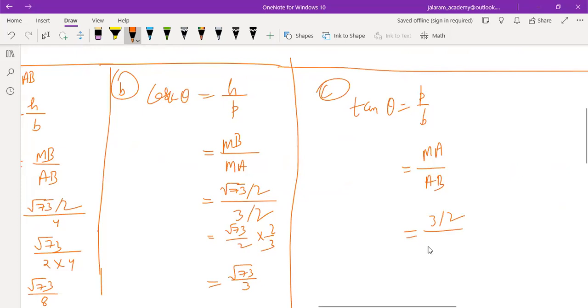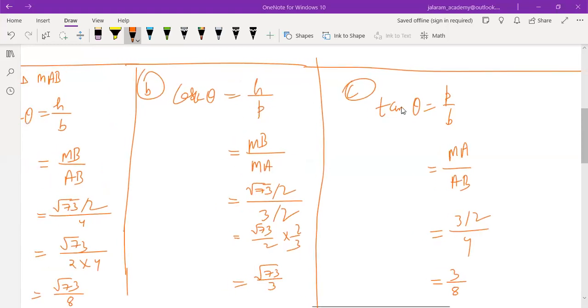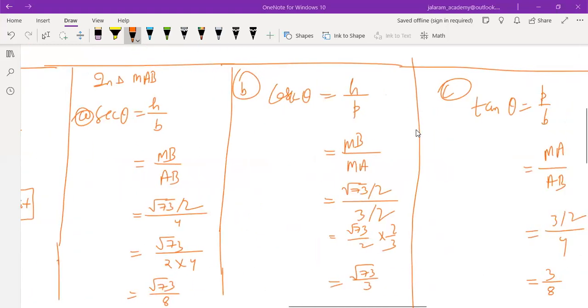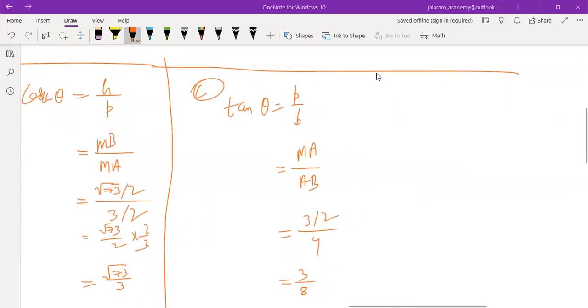And AB is 4. So tan theta is 3 by 8. Okay. Tan theta is 3 by 8 and cosec theta is root 73 by 3.